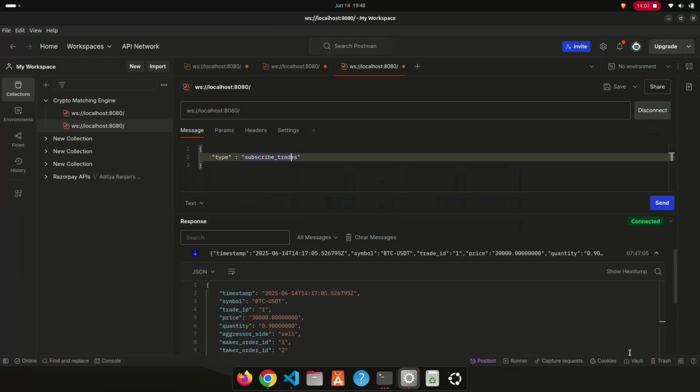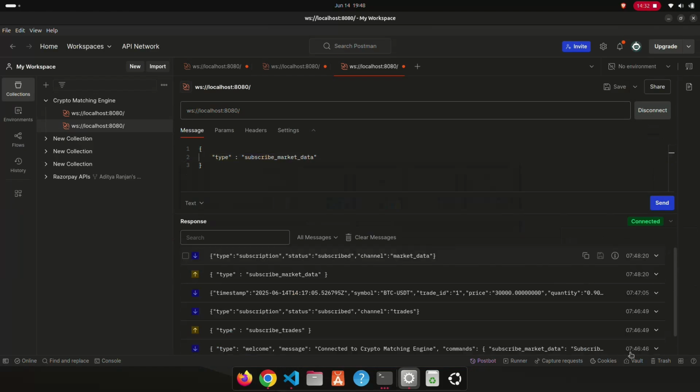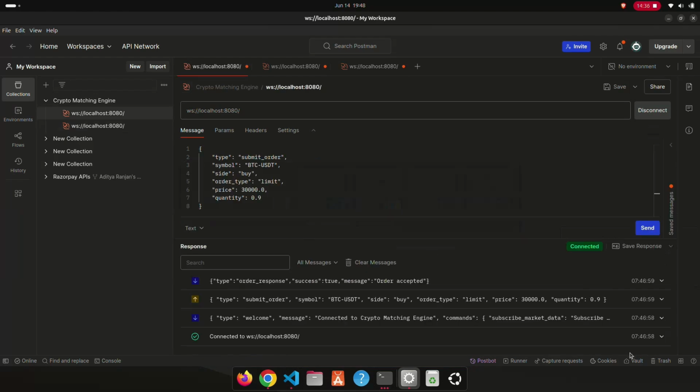We can also subscribe to the real-time market data to get the update whenever a trade is executed. The engine will send the real-time market data to the subscriber. See, subscribed market data. Now, if a trade is executed, then we will get two responses: the trade report and the market data.